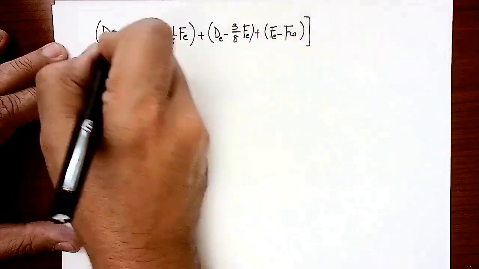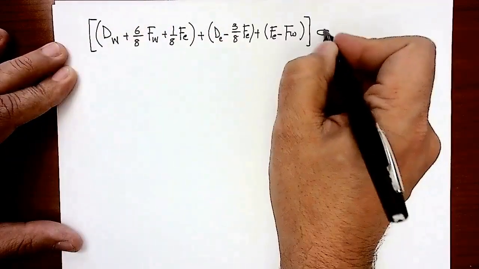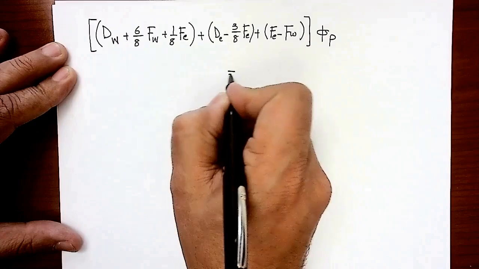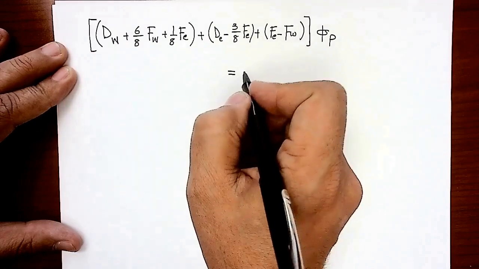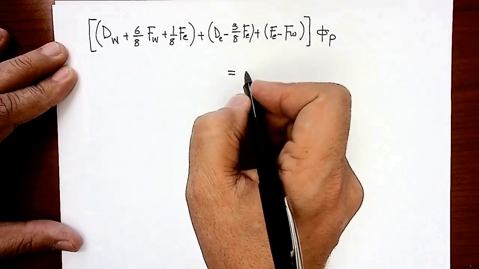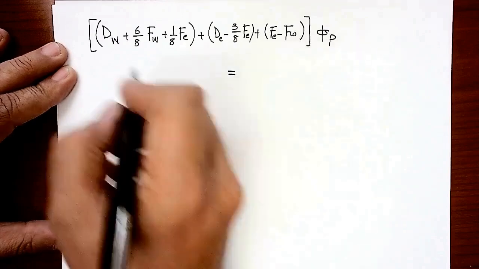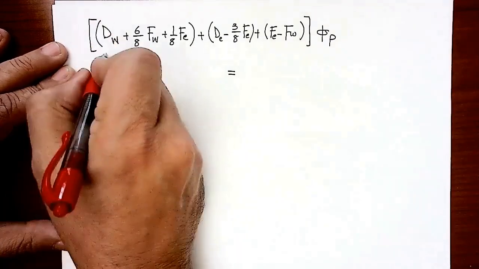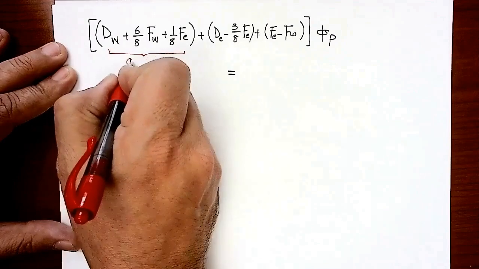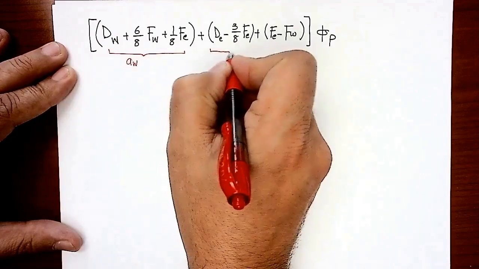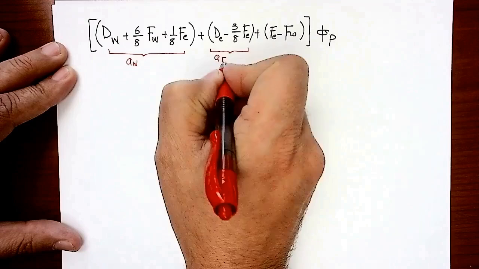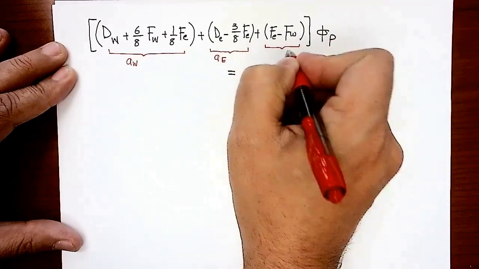This is totally multiplied by phi P. This will equal to, this is going to be my A west, this is going to be my A east, and this will be my minus SP.